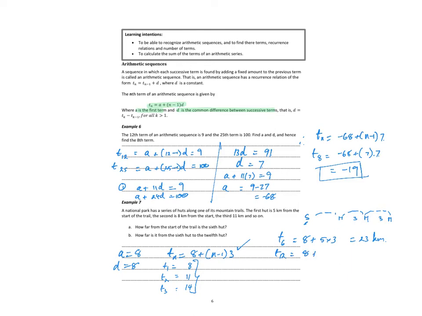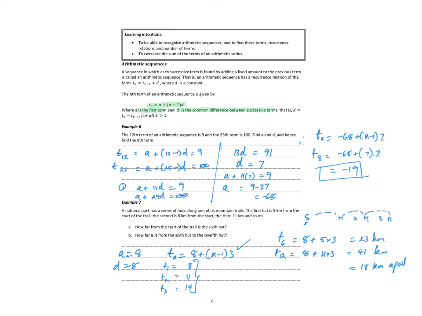It's 8 plus, oops, let's get that right. N minus 1 is 11 times 3, which is 41. So they must be 18 kilometres apart.